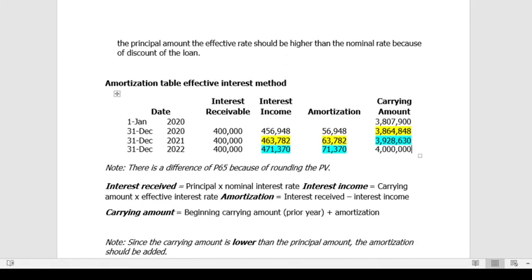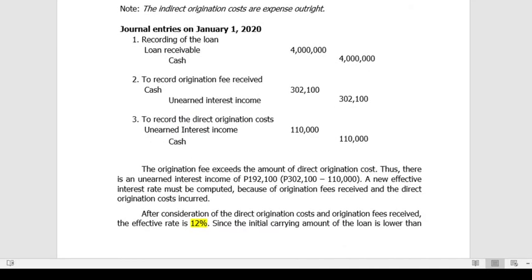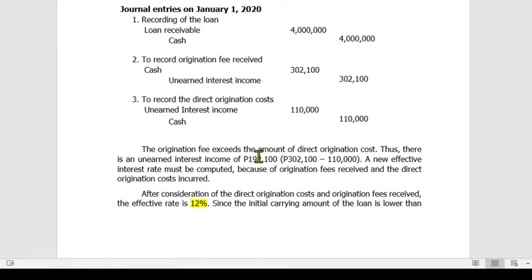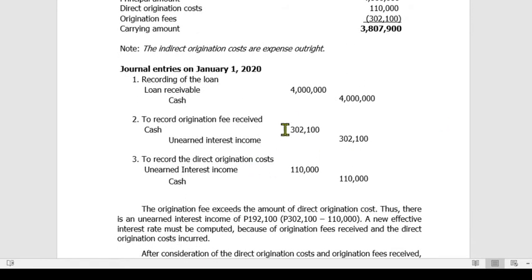Dapat yan ay equal to 192,100. Sir, ano ba yung 192,100? Yun yung natira. Diba? When you recognize at journal entry number 2, you debit cash, you credit unearned interest income, ito yung iyong origination fee, diba? 300 to 100.